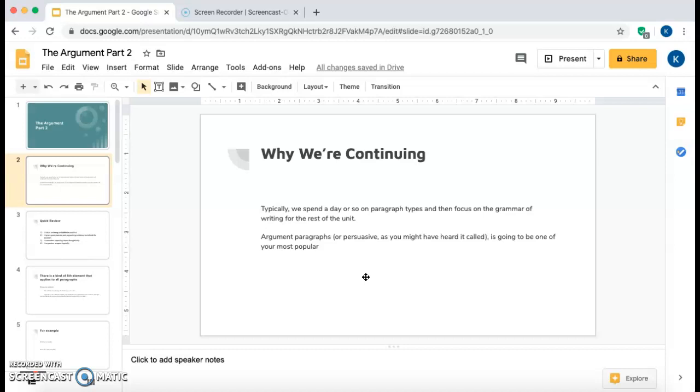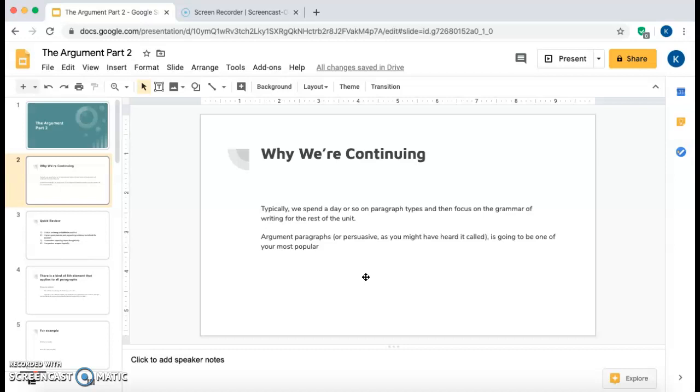Now, argument paragraphs, again, are going to be one of your most popular paragraph styles that you're going to be writing in college, particularly for your upper level literature classes. If you check on your degree requirements, most, if not all of you, will need to take at least one literature class at the 2000 level.